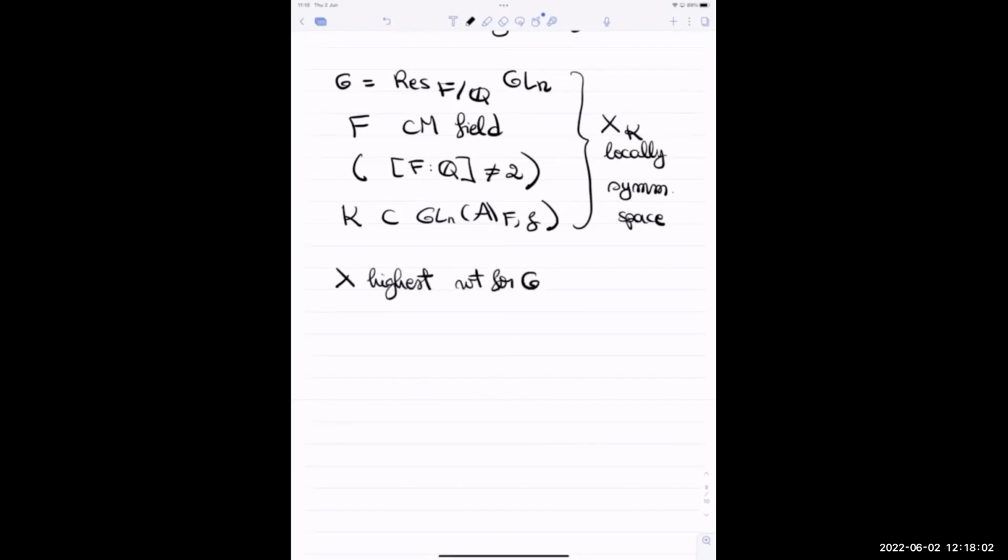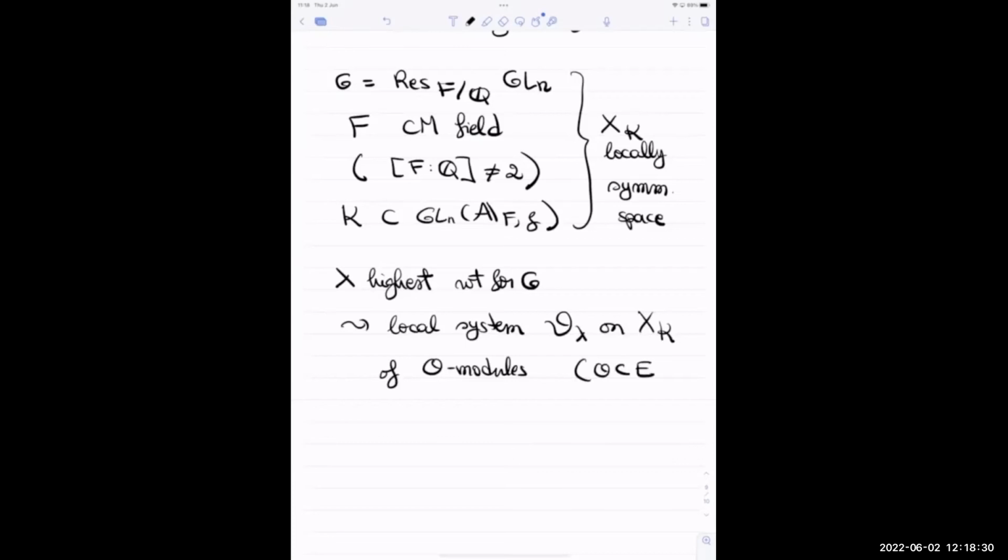And this gives you some algebraic representation. And let me just skip ahead and say, ultimately, it gives rise to a local system on X_K. And this is going to be of, say, O-modules, where O is the ring of integers inside some finite extension of Q_p, which is assumed to be large enough so that your representation and your local system are all defined over it.